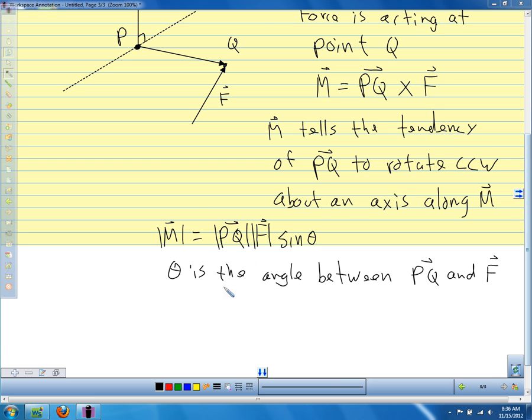And F sine theta, we'll draw a picture here in just a second, is the component of F perpendicular to PQ.